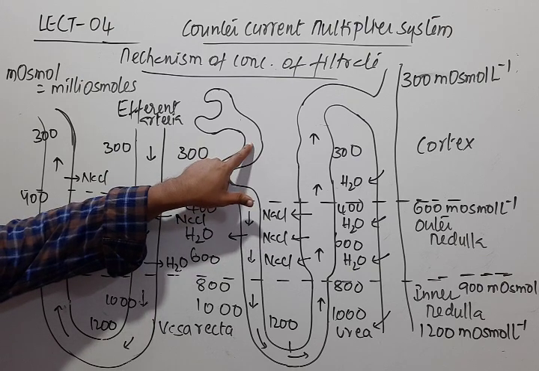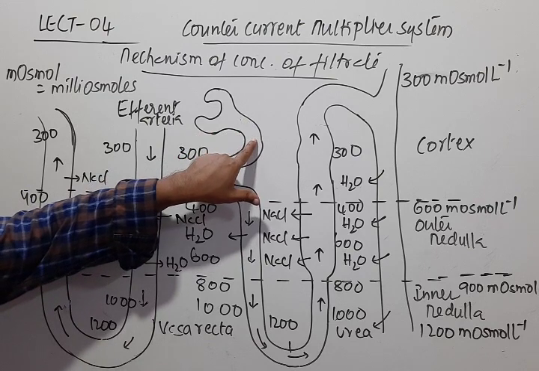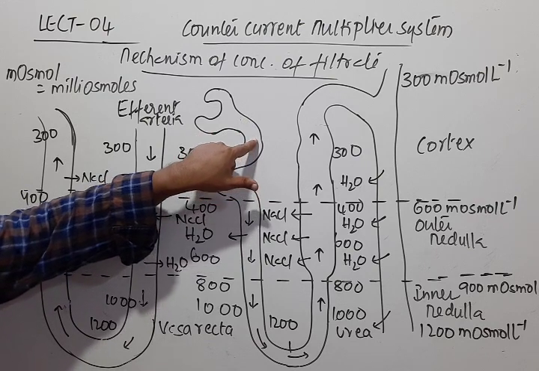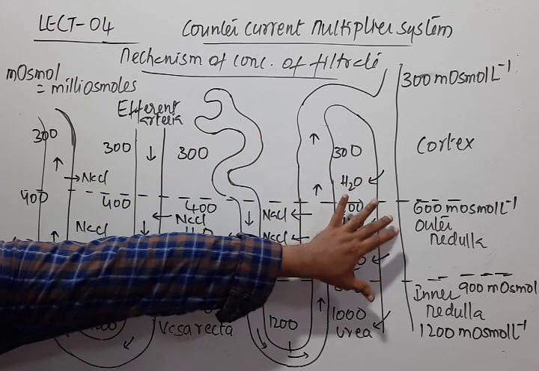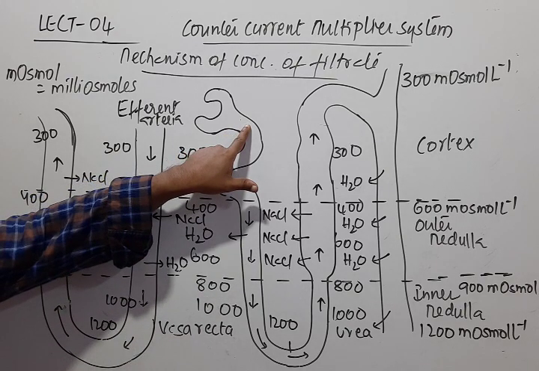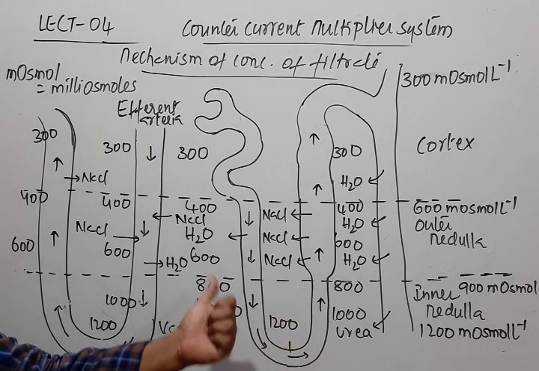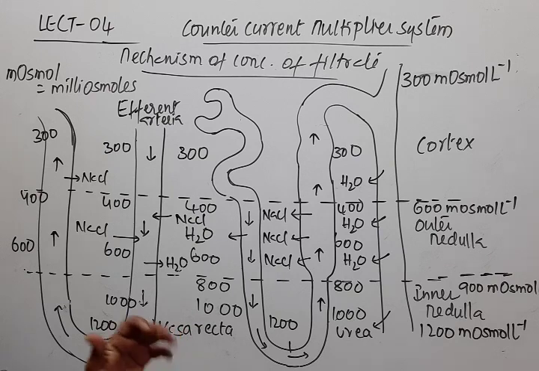So this is the location where the filtrate is first formed, that is the initial filtrate. By the time it reaches the collecting duct, it will be 4 times more concentrated than the initial filtrate concentration. Here the only thing that we see in the countercurrent multiplier system is that it maintains the concentration gradient in the medullary interstitium.